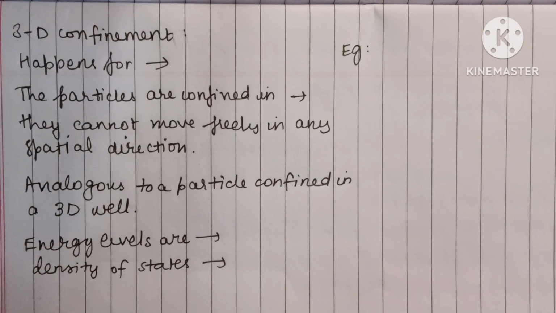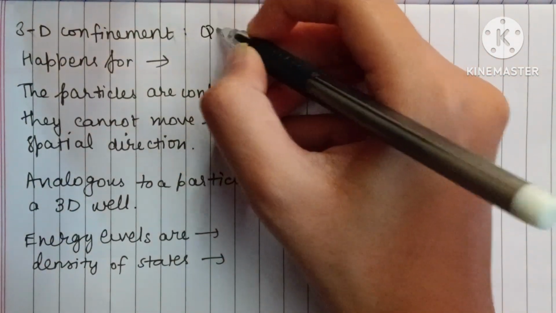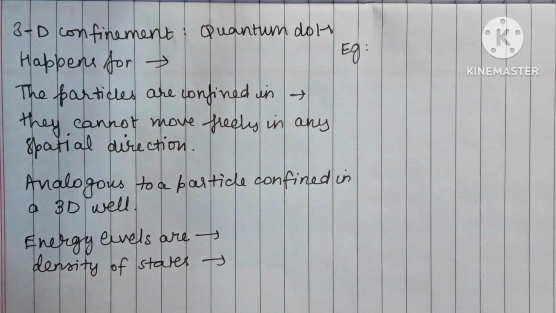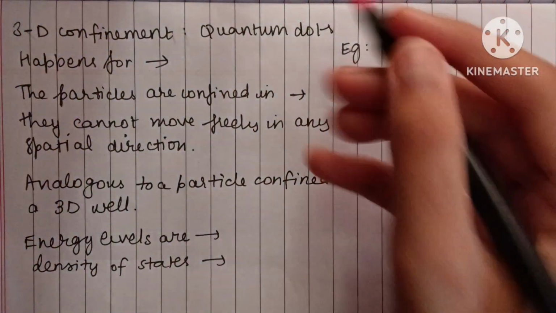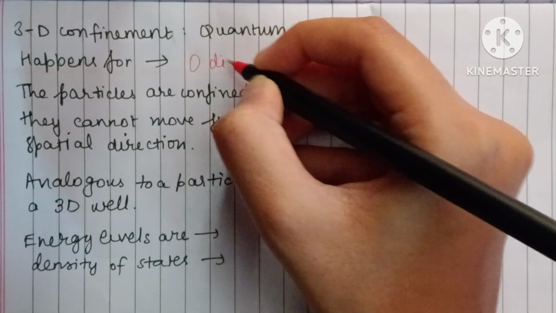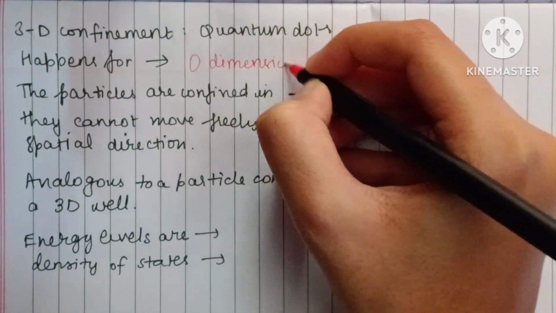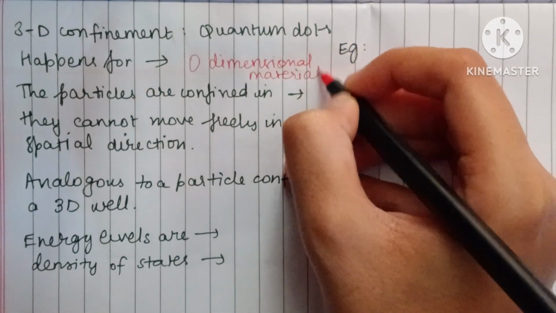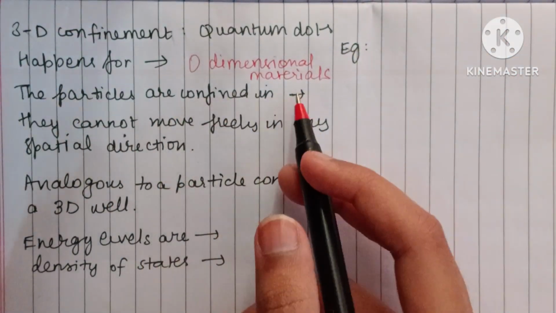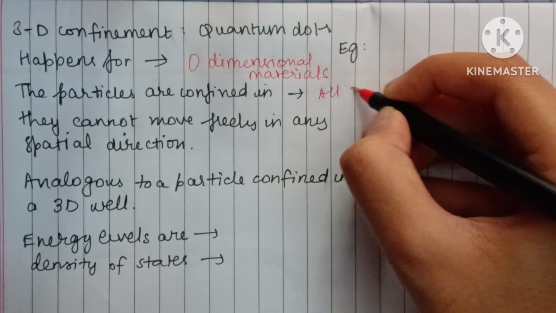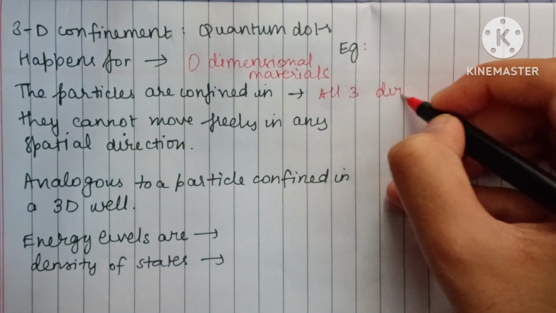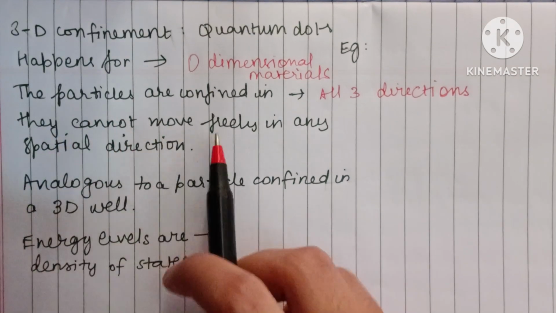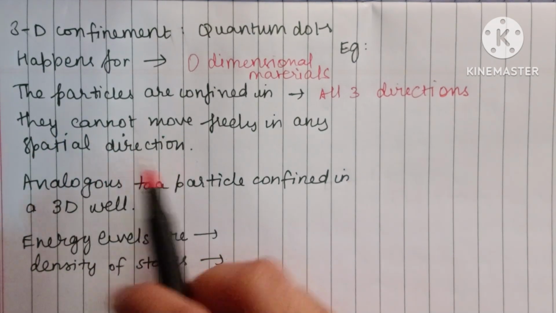Now, 3D confinement happens in quantum dots. And it happens for materials that have zero dimensions. The particles are confined in all three directions. And so that means that they cannot move freely in any spatial direction.